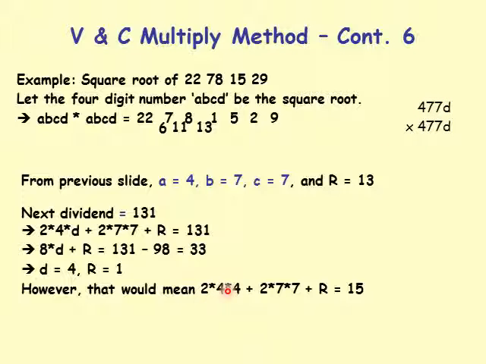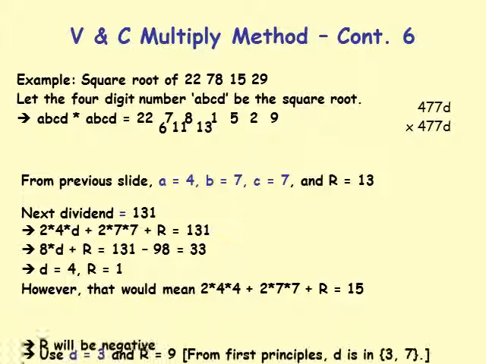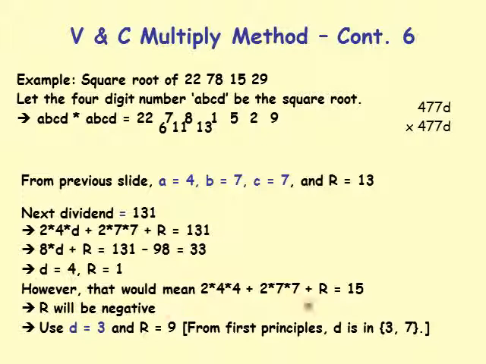I mean 2 times 4 times 4 plus 2 times 7 times 7 plus R would be 15, this 1 here and 5 the next digit. Again R would be negative if I use that. So we go back and do altered remainder again. We'll use D equal to 3, which is consistent with the first principles here. So R would be negative if I use D equal to 4. That means use D equal to 3 and R equal to 9.